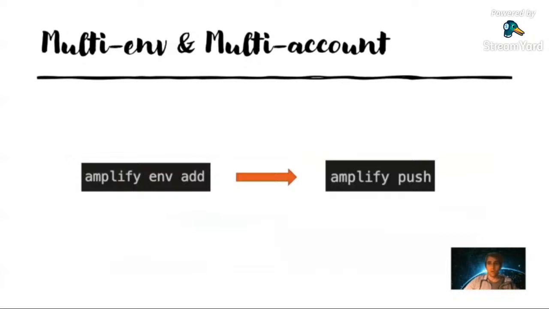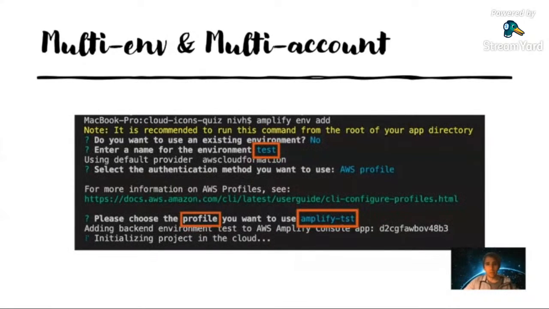So we are going to, again, run amplify env add, and then we're going to push that environment to the cloud. Only now, when we are running amplify env add for a new environment, we're going to choose a name for the new environment. And we are also going to choose an AWS profile.